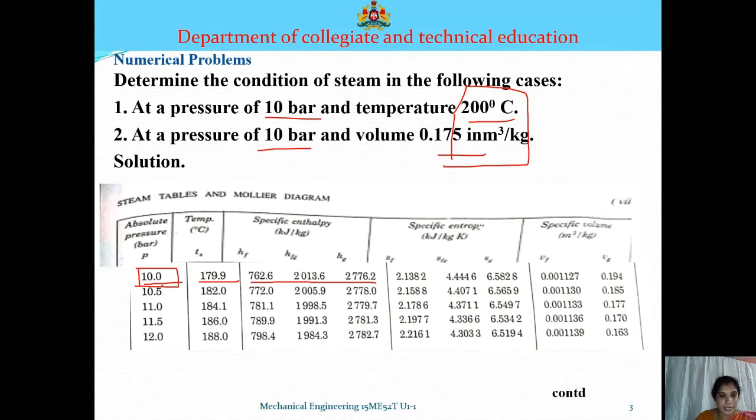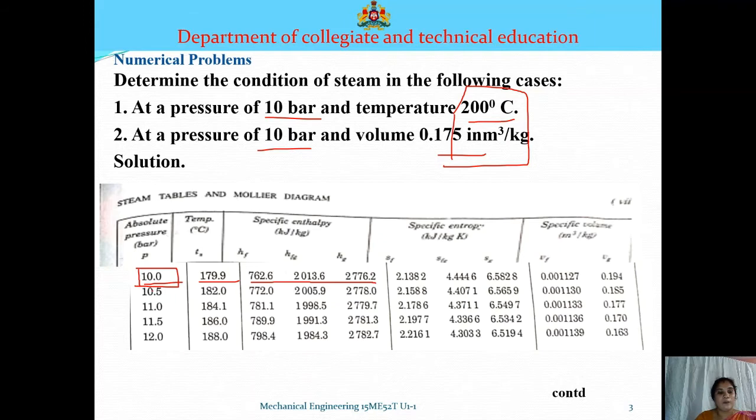For pressure 10 bar from the steam table, T saturation equals 179.9 degrees Celsius, specific enthalpy hf equals 762.6, hfg equals 2013.6 and hg equals 2776.2. So this is sufficient for us.